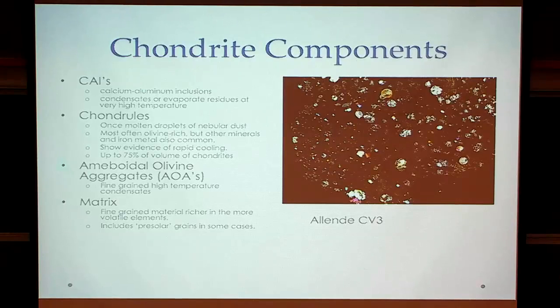Chondrites are collections of nebular dust. That's why they're important. They're sampling the building blocks of planets, which was this nebula from which the sun and the planets formed.